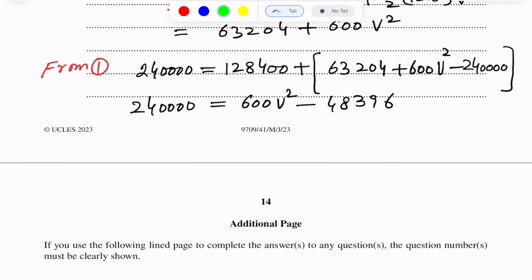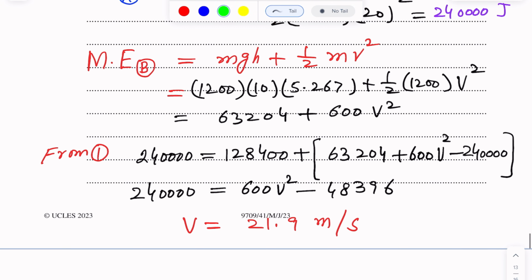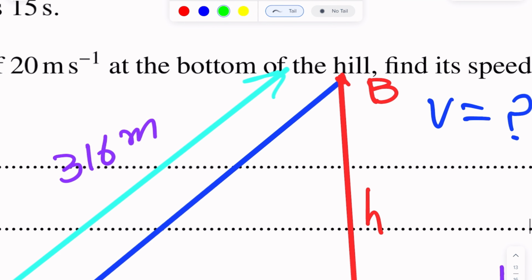From here, after calculation, we get the value of V, which is 21.9 meter per second. This is the answer: the speed at point B is 21.9 meter per second.